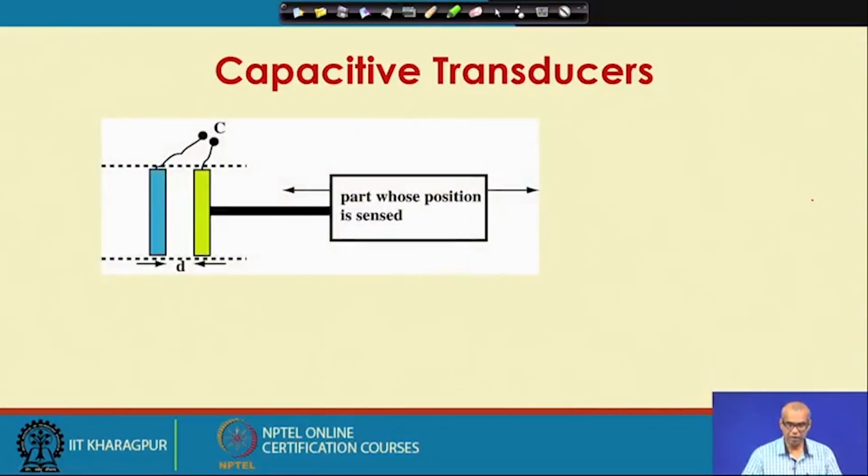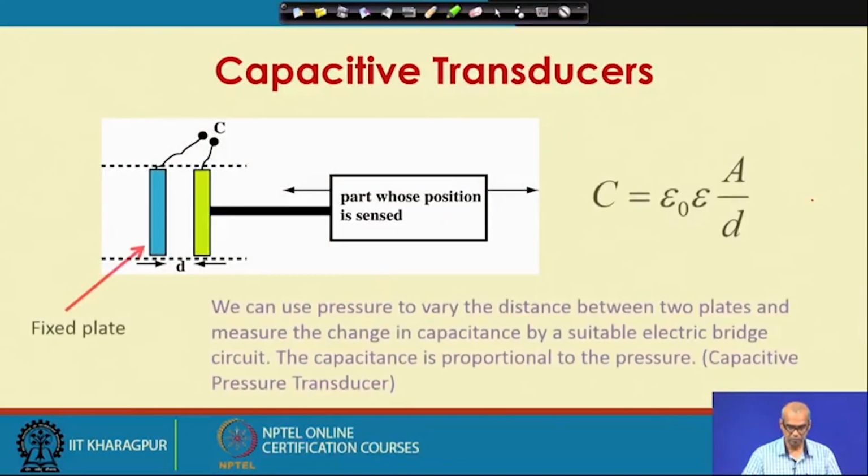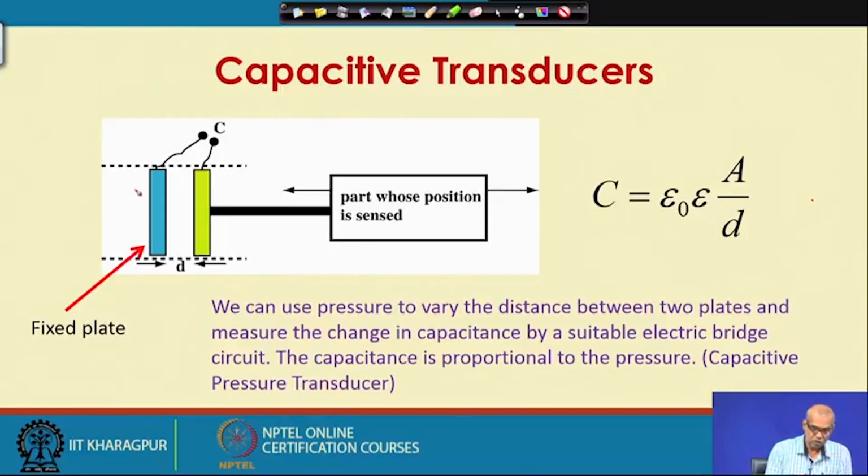So, this is represented schematically. So, this is one plate, this is another plate. Let us keep this plate fixed and this plate be attached to the moving object. So, as the object moves in this direction, the distance between the two plates represented as d increases.